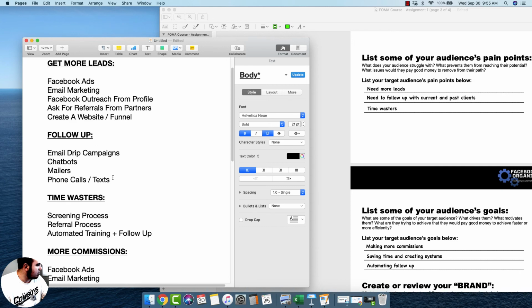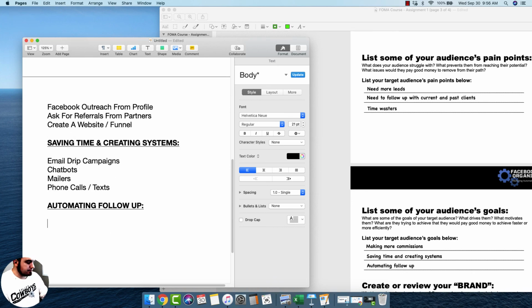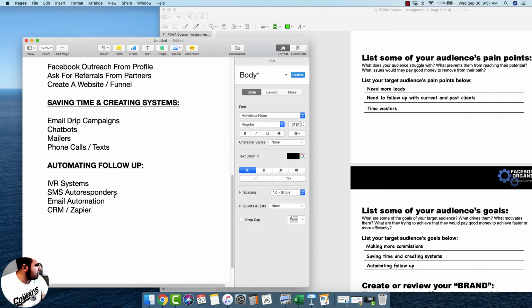So we notice our follow-up probably contains some of the things we need to do for saving time and creating systems. So now we have some ideas.